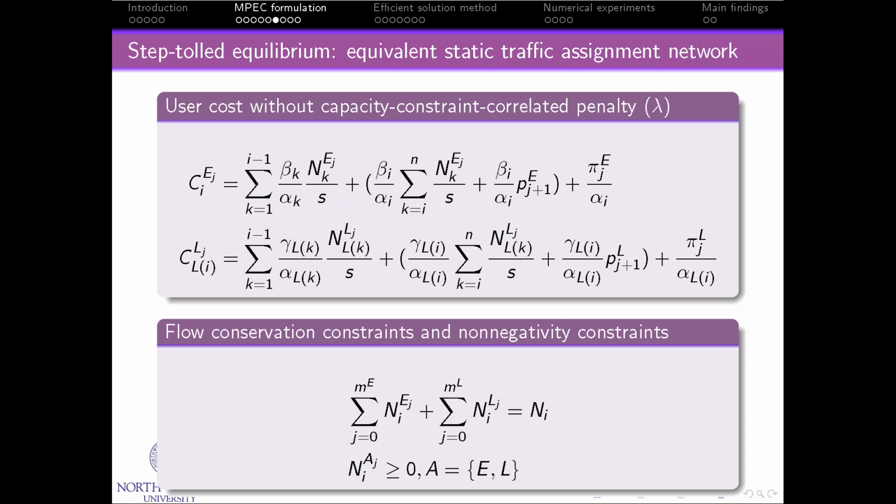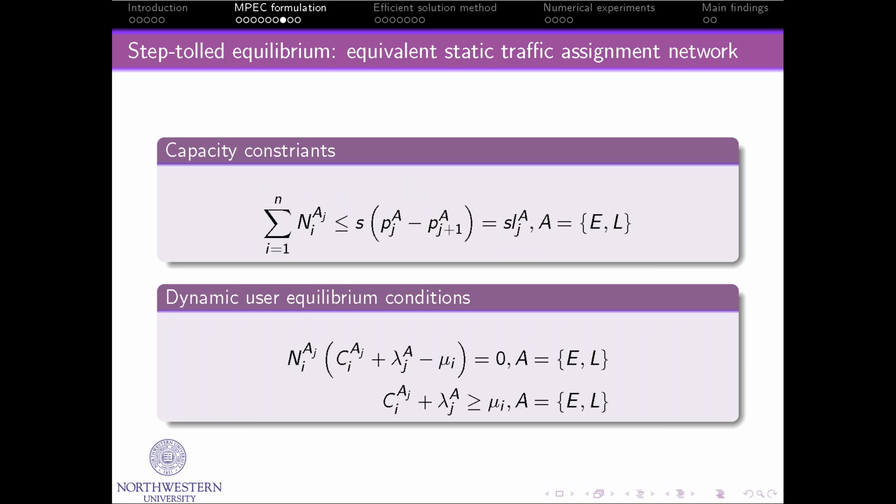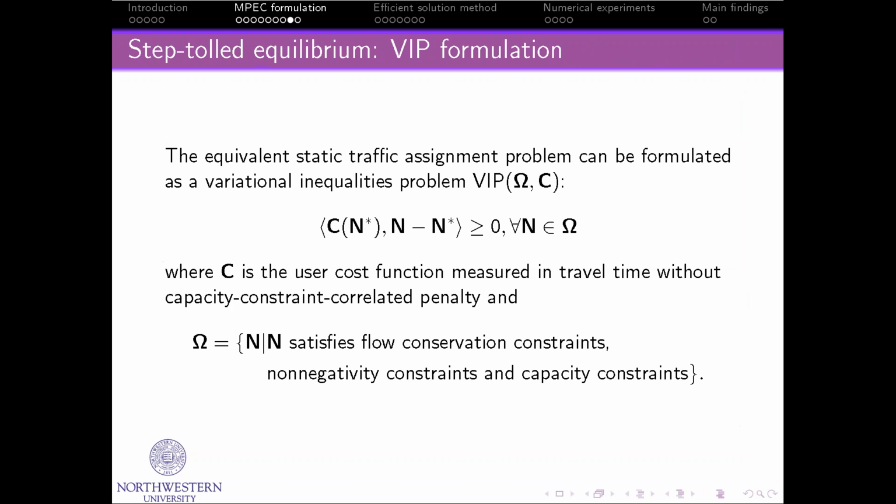And we can write out the flow conservation constraints and non-negativity constraints, capacity constraints for those toll periods, and dynamic user equilibrium conditions. With those written out, we can formulate this problem into a VIP problem. By solving this VIP problem, we can solve the step toll equilibrium for any given toll parameters.